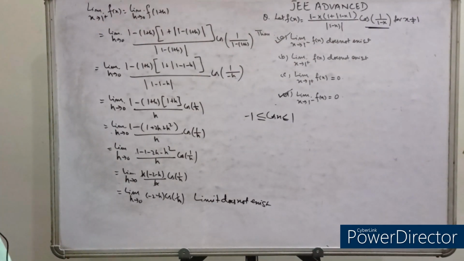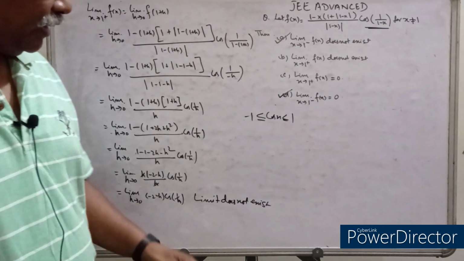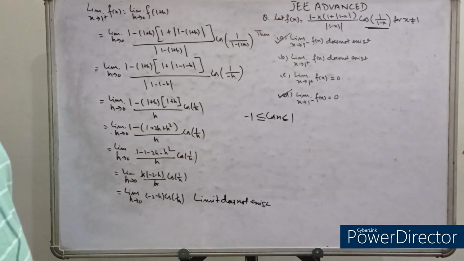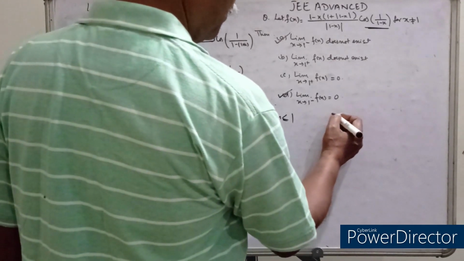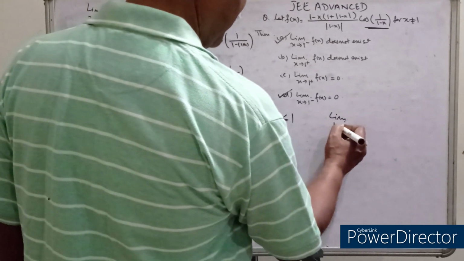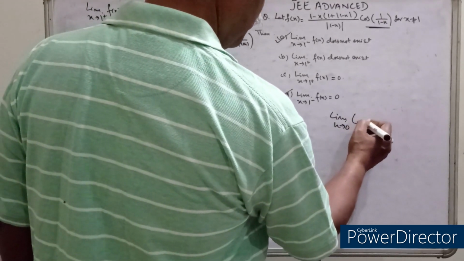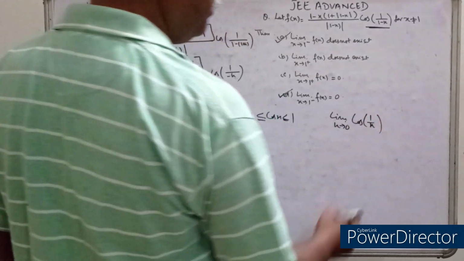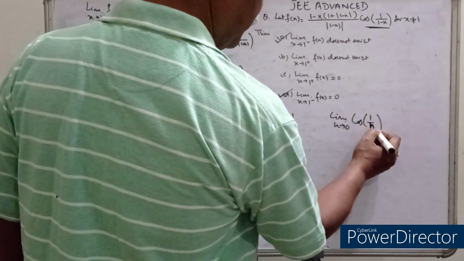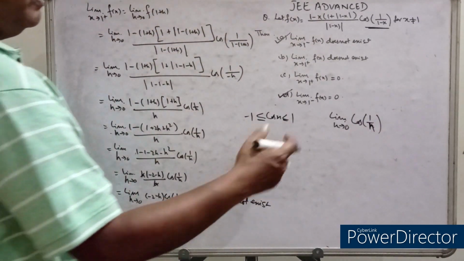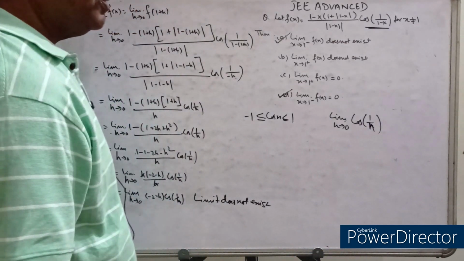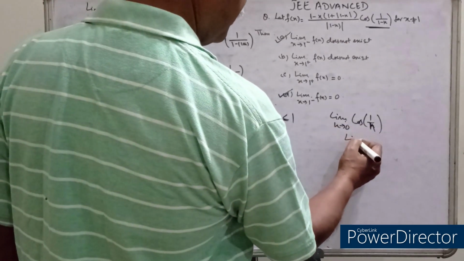So this is the importance of this question, that circumstances arise where, as I have told you earlier, if your limit is like this, 0 cos 1 by h, you are unable to give any decision. When you are unable to give any decision, that means your limit does not exist.